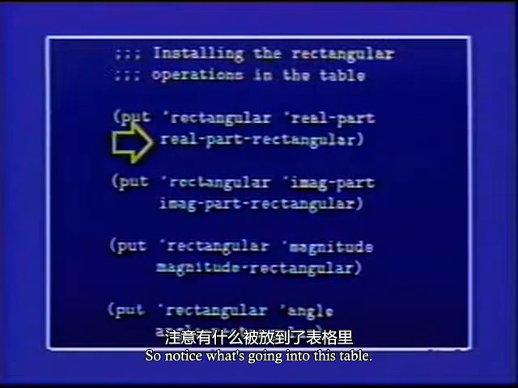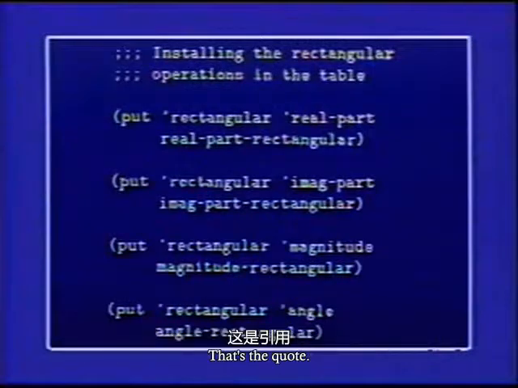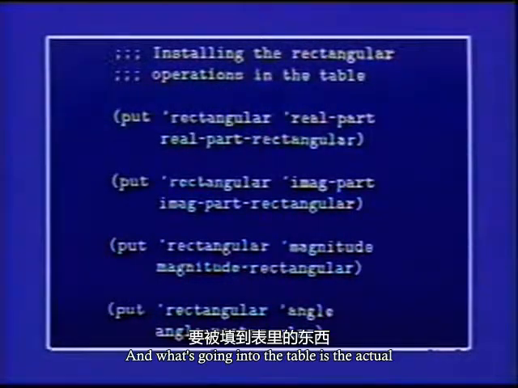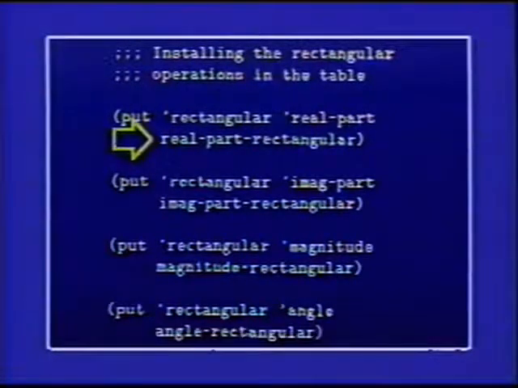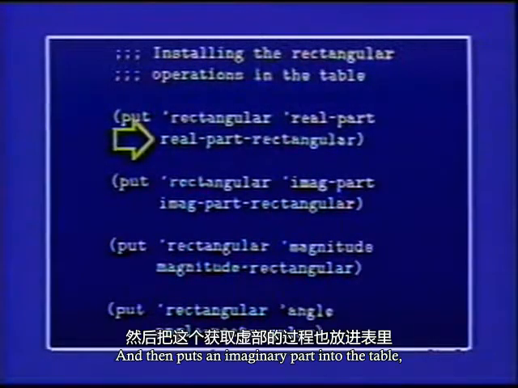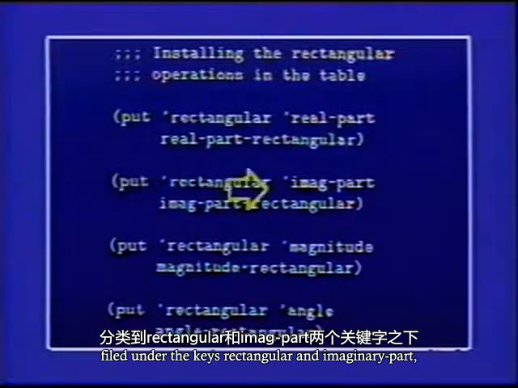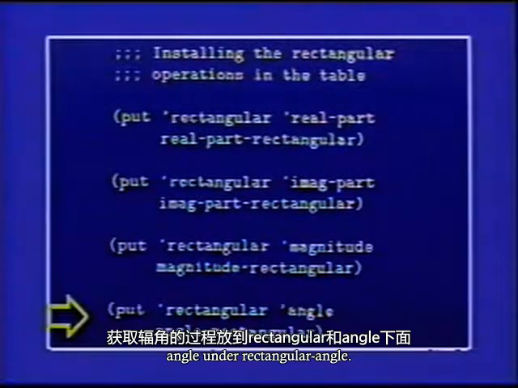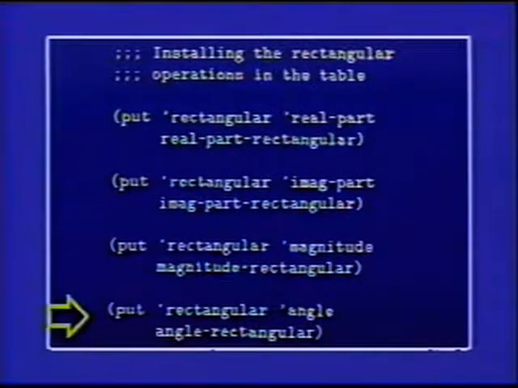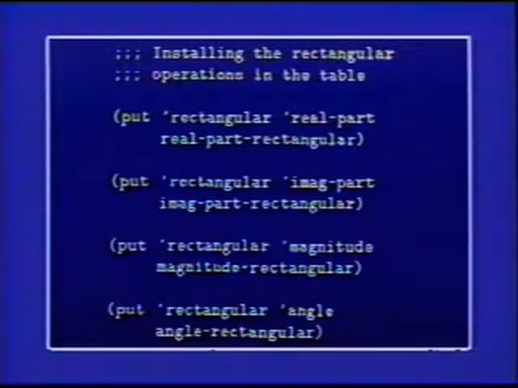So notice what's going into this table. The two keys here are symbols, rectangular and real part, that's the quote. And what's going into the table is the actual procedure that he wrote, real part rectangular. Right, and then puts imaginary part into the table, filed under the keys rectangular and imaginary part, and magnitude under the keys rectangular magnitude, angle under rectangular angle.